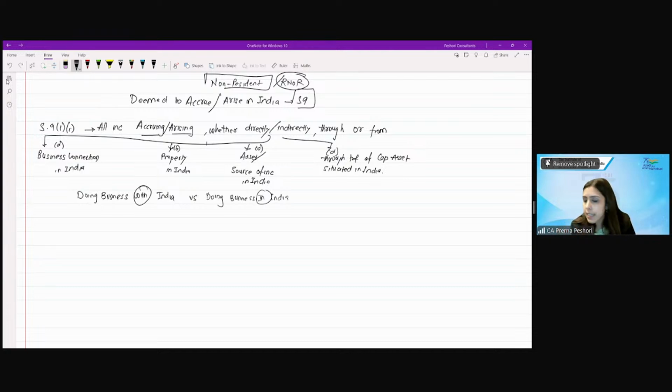Now, the business connection term denotes doing business in India. So business connection means that there has to be some connection between the income which is getting generated and the activities that are carried out in India.